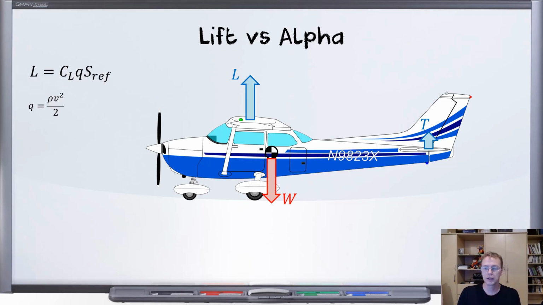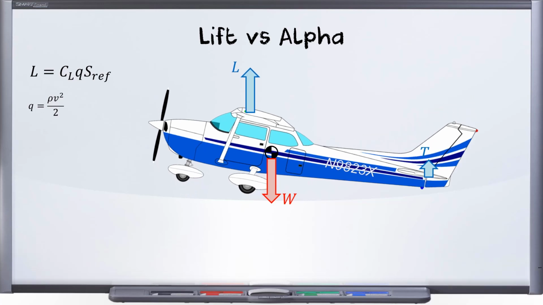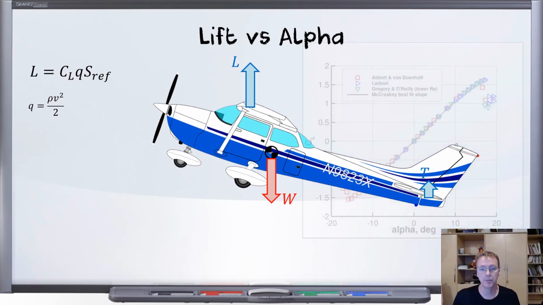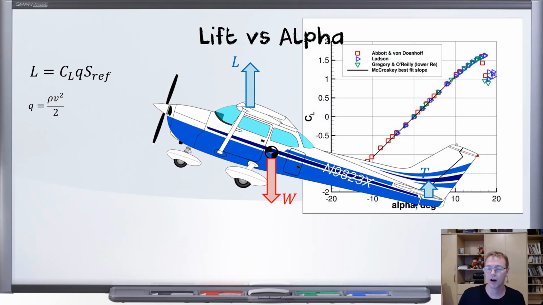All right, what do I want to do next? I want to pitch the nose of this aircraft up so that we can talk about how the lift is affected by the angle of attack. So I pitched it up, and if you remember our old friend this curve, this data from the wind tunnel talked about how the airfoil would generate lift depending on what the angle of attack was.